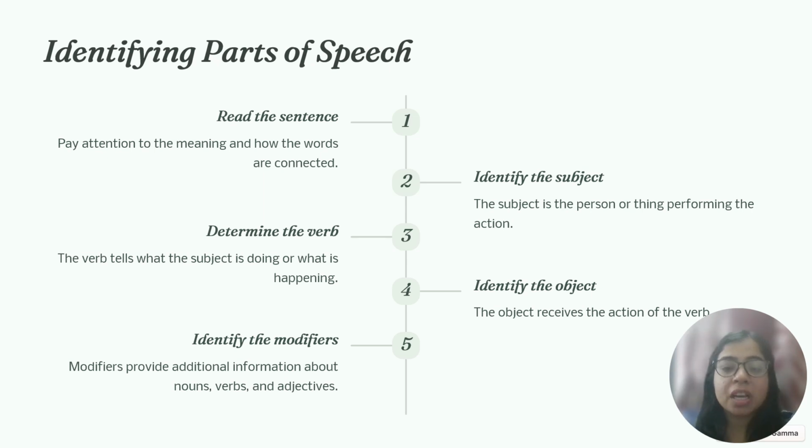Always identify subject, verb and object first, and then identify the modifiers. If there is something extra beyond subject, verb, object, then that word can be an adjective or an adverb. Then you can identify the parts of speech.